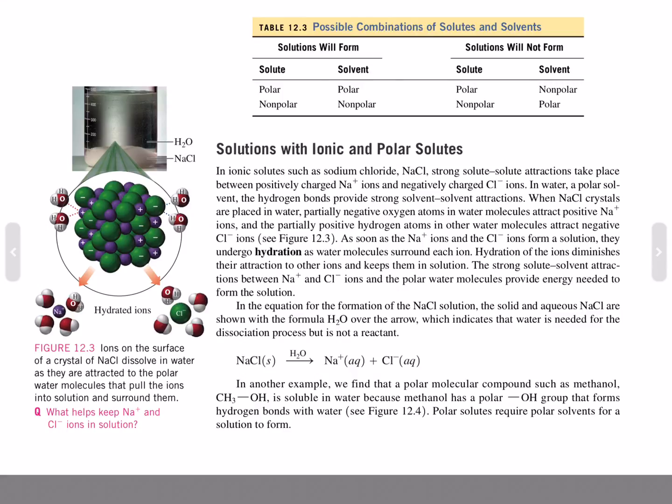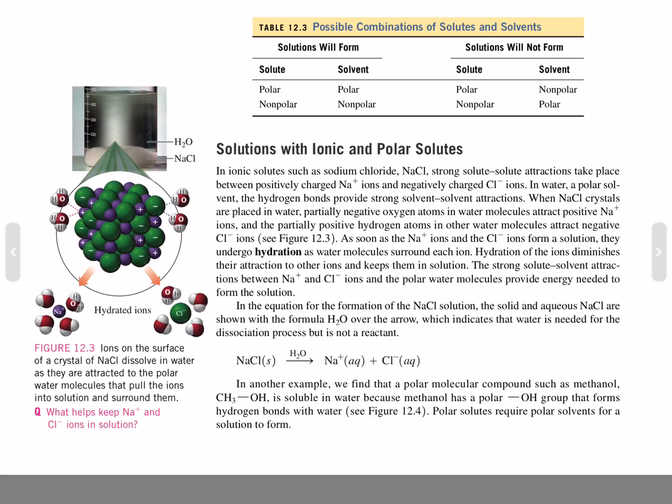The strong solute-solvent attraction between sodium and chloride ions and the polar water molecules provides energy needed to form the solution. In the equation for the formation of the sodium chloride solution, the solid and aqueous sodium chloride are shown with the formula H2O over the arrow, which indicates that water is needed for the dissociation process, but not as a reactant.